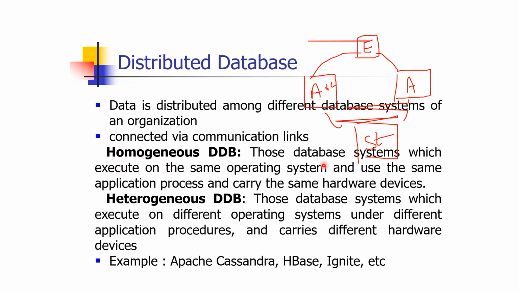Those database systems which execute on the same operating system, use the same application process and carry the same hardware, that's called a homogeneous distributed database. Suppose the store department and admin department both are using the same system, same hardware, same printer, same PC, same operating system, but the database is different.